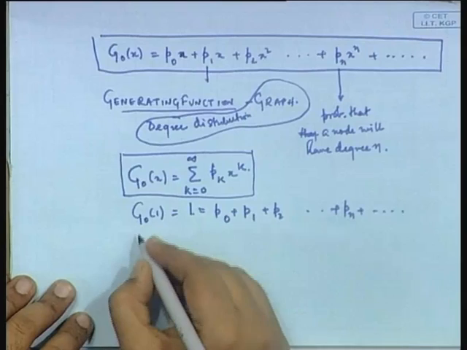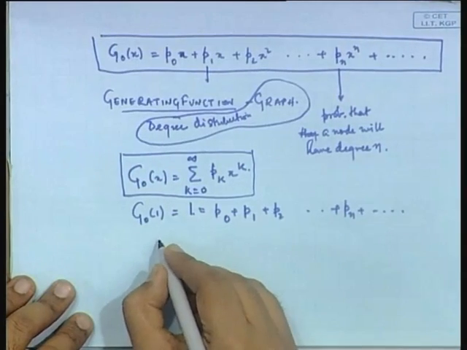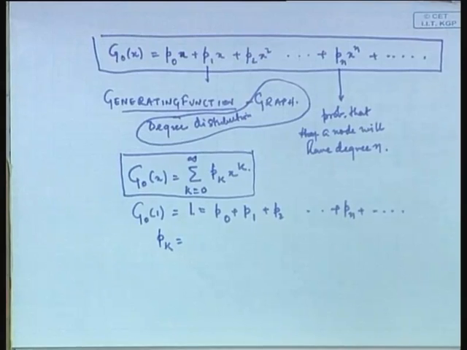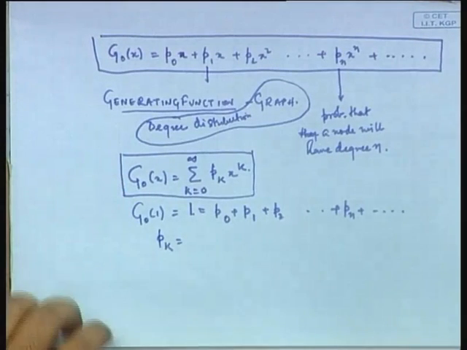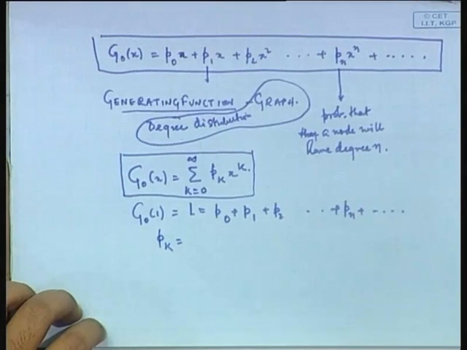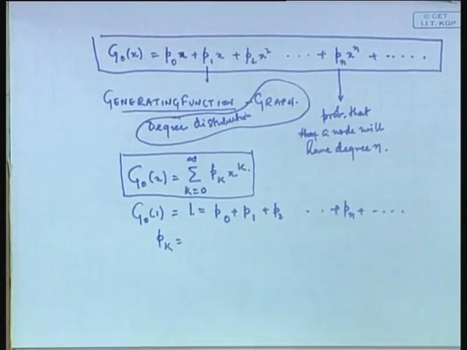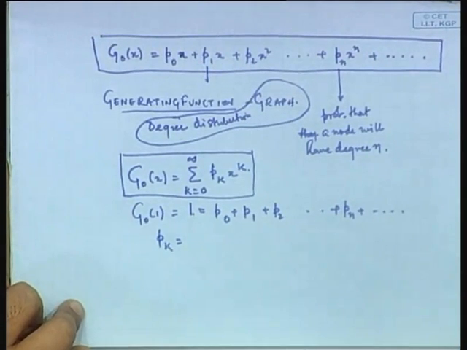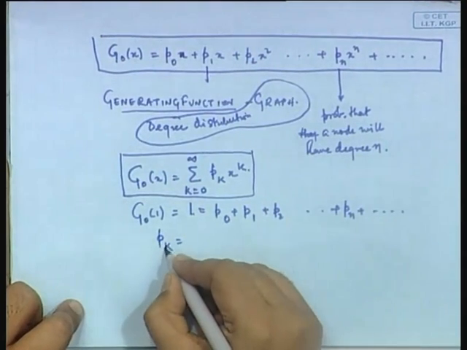Tell me now, I want to find p k from G 0 x. So, how do I find p k from G 0 x? Let us try to find p 0.